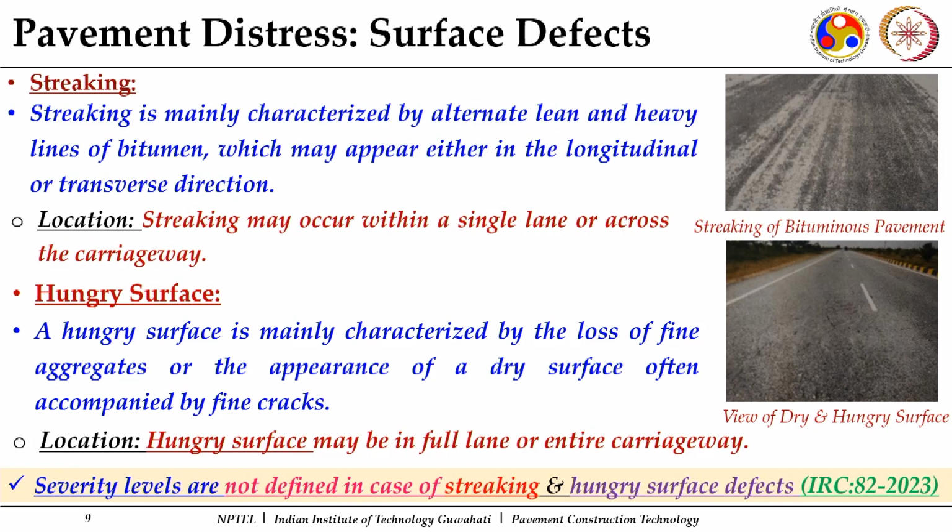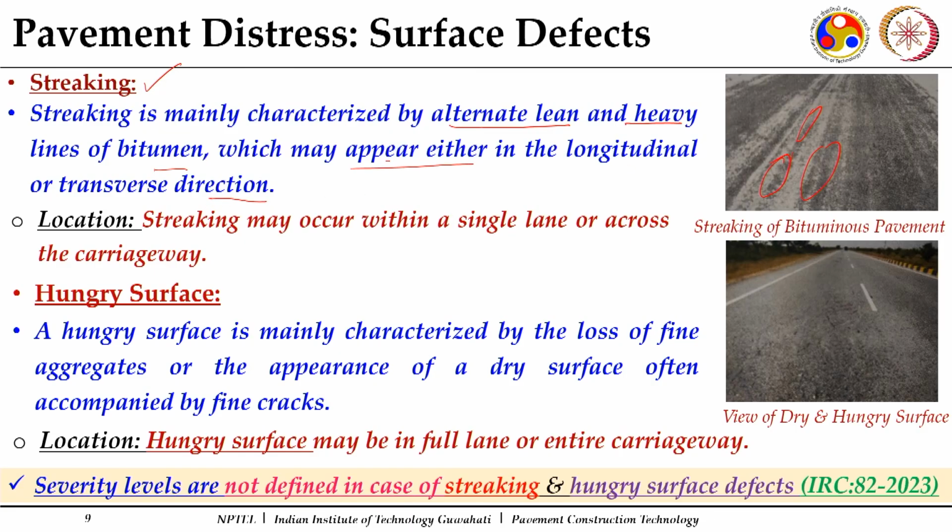Now, the other kind of pavement surface distress or surface defect is streaking. It is mainly characterized by alternate lean and heavy lines of bitumen, which may appear either in the longitudinal or transverse direction.